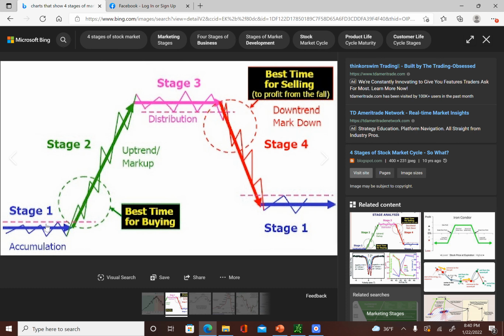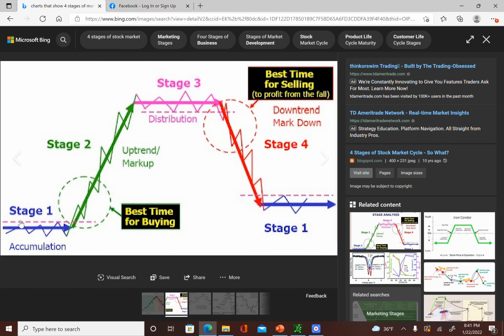But when you're looking to create income, or bigger, faster returns, or in our case trading options, you don't want to get caught here, because stage 1 could take weeks, months, theoretically even a year or more. If you enter in this area, you could end up waiting, with your money not doing a whole lot, waiting for the uptrend to start.